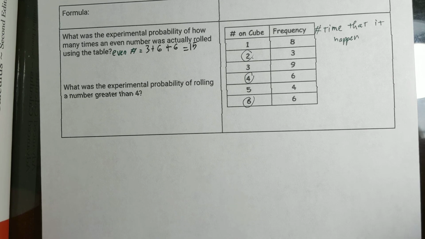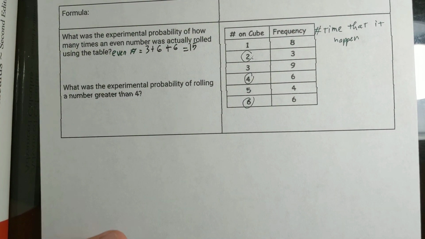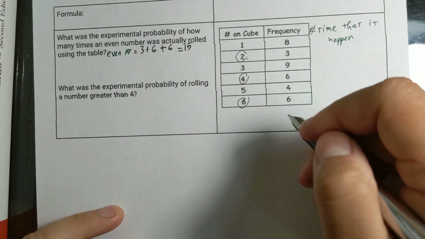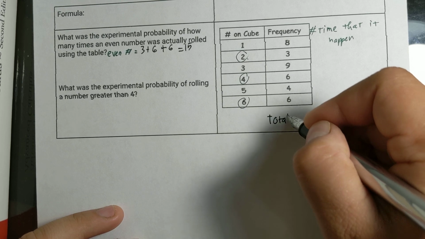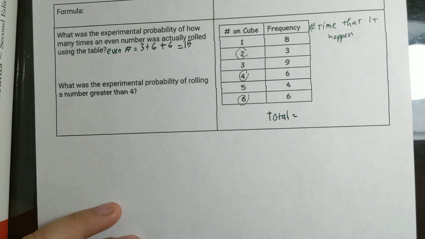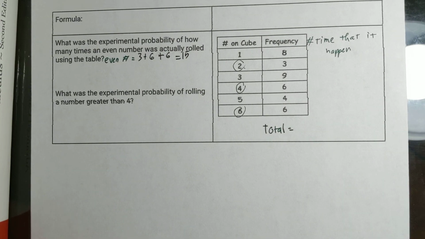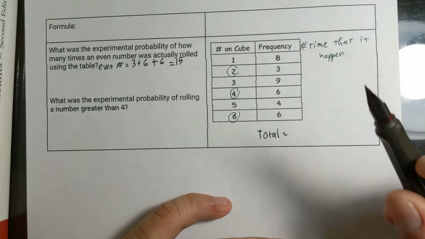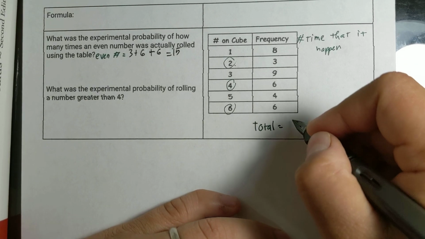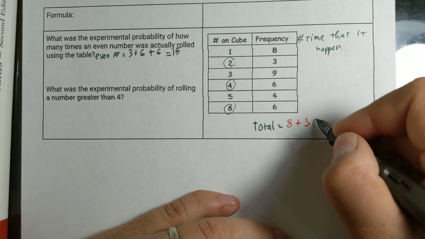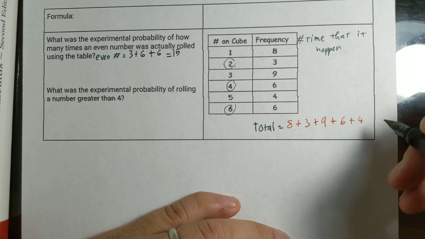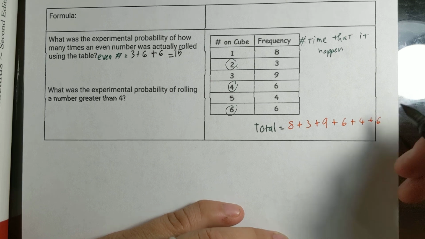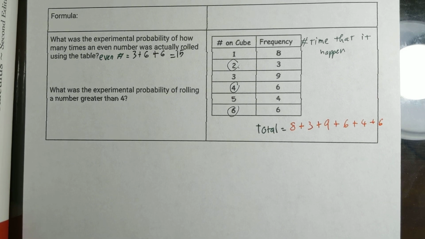Then you have to find the total number of outcomes that you have, the big total at the end. All you have to do is just add them up. So total of the frequencies here: these numbers add up, which is 3 plus 9 plus 6 plus 4 plus 6, and you type it into your calculator.